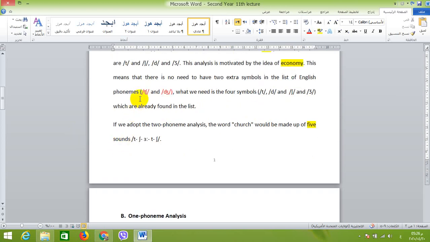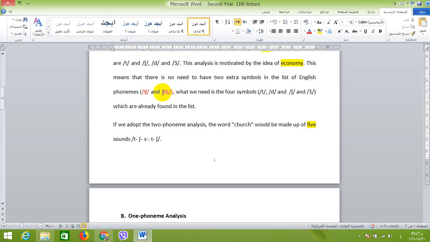If we say that the affricates are made up of two separate phonemes, there is no need to add these symbols to the list, because t is already found, sh is already found, d is the same, and j is the same. So we need the t and sh, and we write them one after the other. D, j, the same thing. It's not a whole phoneme.